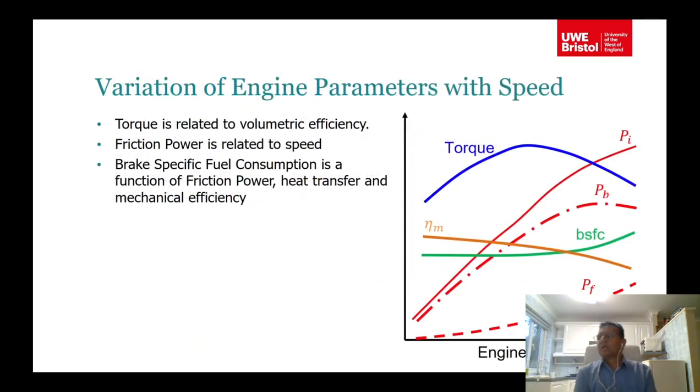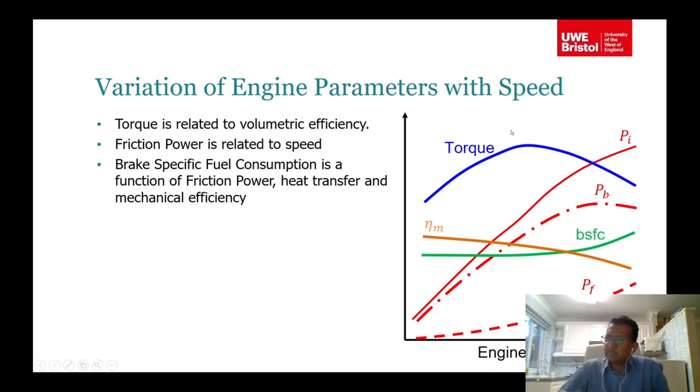Okay. So we will look at how the engine parameters vary with speed. Usually, when the speed increases, your torque normally increases, your power definitely increases, but at the same time your brake power and the friction power also increase.